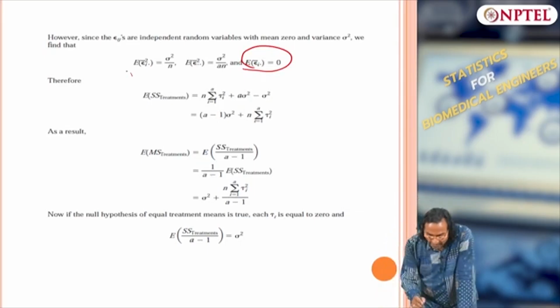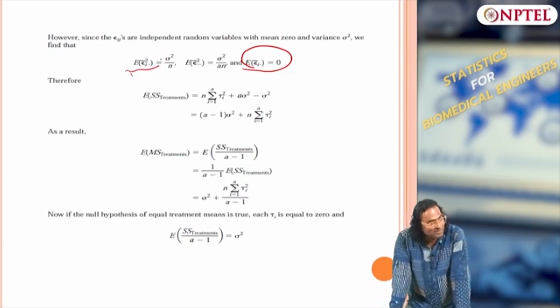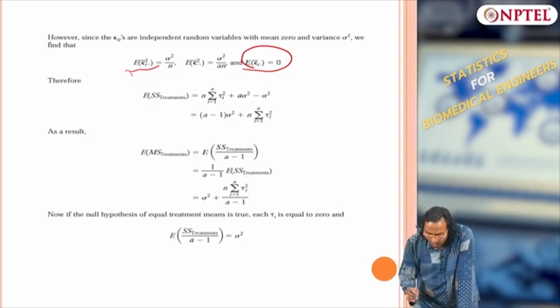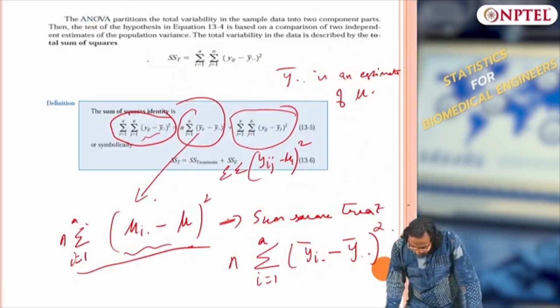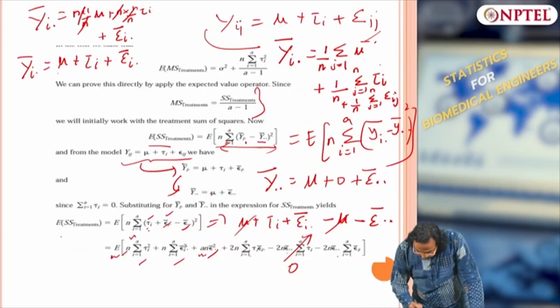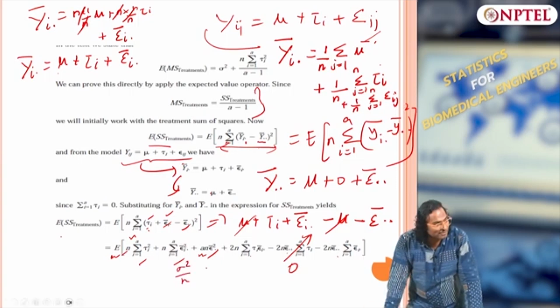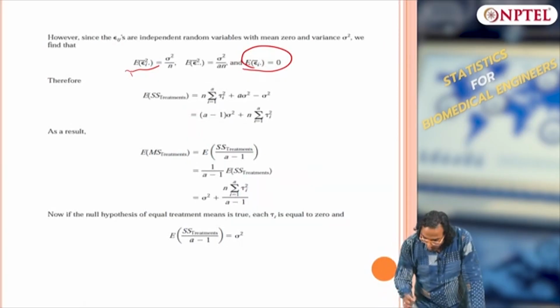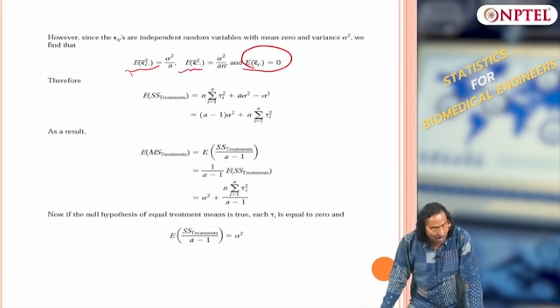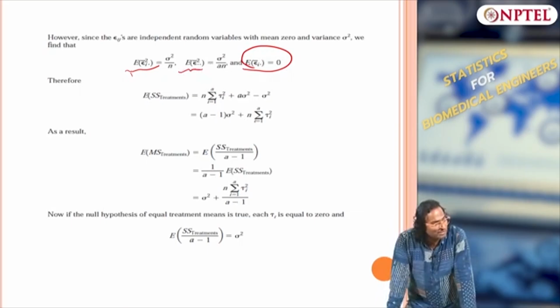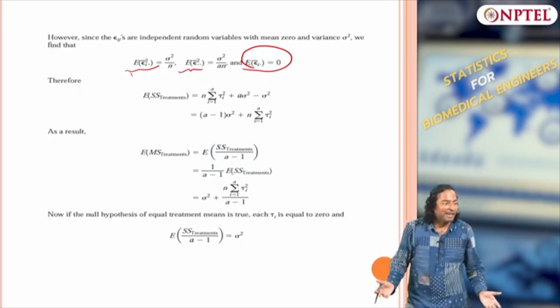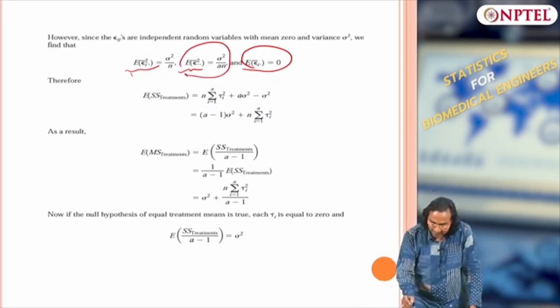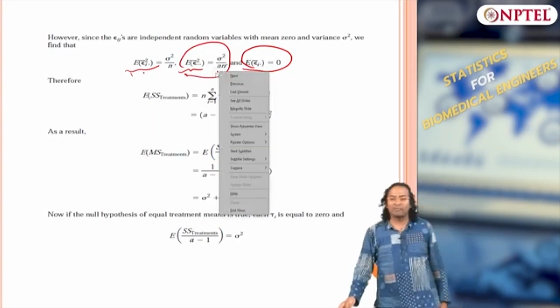And what is variance of noise? Sigma squared by n, sample variance, right. So, I have expectation of epsilon I dot square is equal to sigma squared over n. Okay. And what is epsilon dot dot the whole square? Sigma squared by an, both the axis. This is along one axis, this is along both the axis. So, sigma squared divided by an.